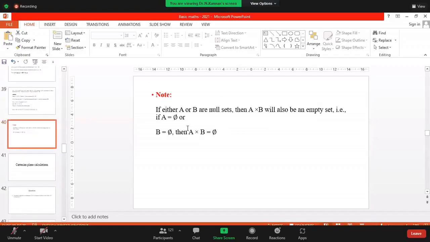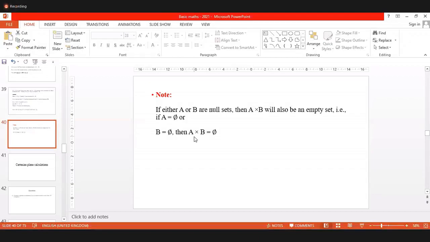The thing is that I'm just talking about null sets. It means they are having no elements. I can say no element, right? Then we will use that concept. If you are having one set with no element, and another set with some elements, then your product set is having no elements.